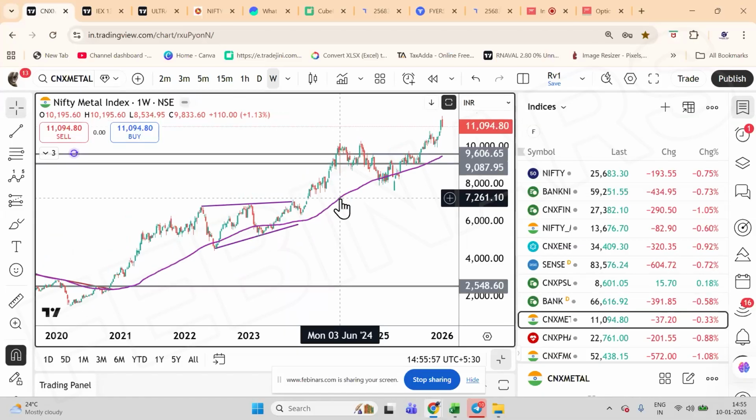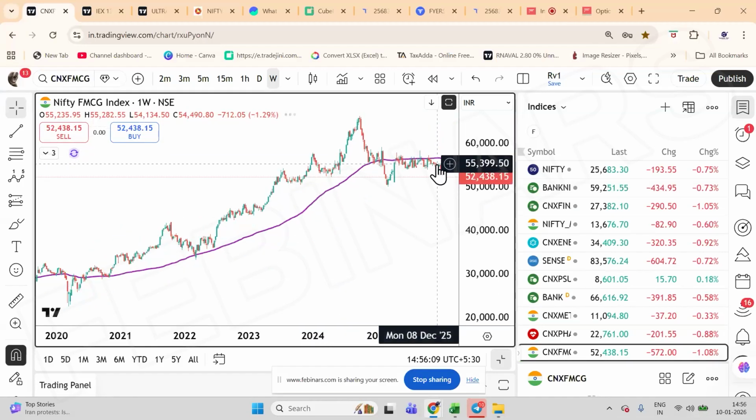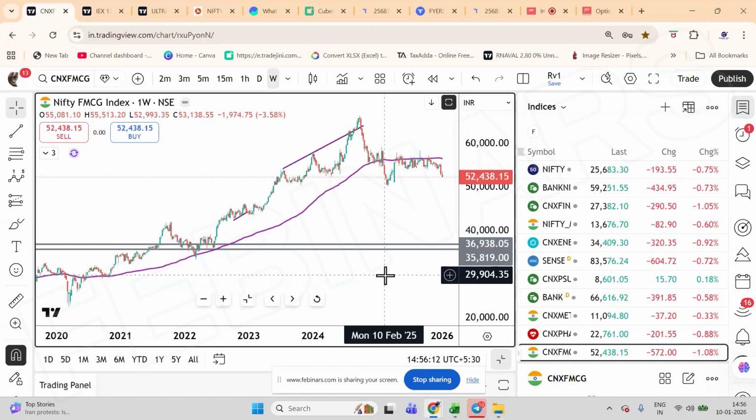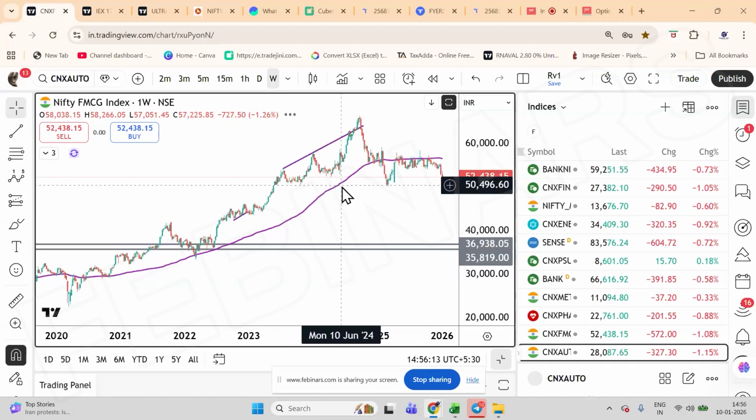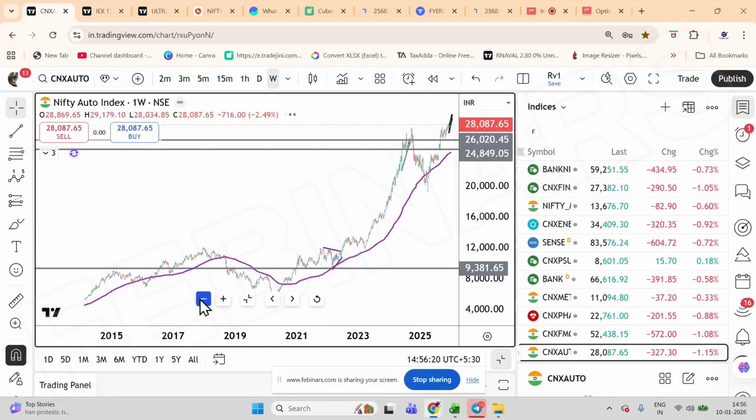Metal index, also some reversal is seen, but we need to watch out how it pans out. Pharma also looks like a 3-3-5 consolidation may happen unless the rise comes. FMCG is the weakest of the indexes. Auto index, see, there is a structure in the auto index.